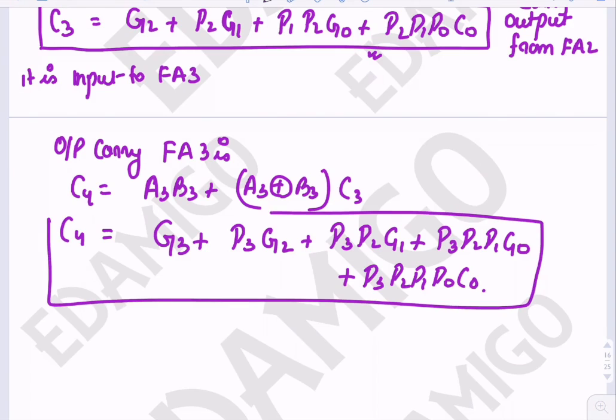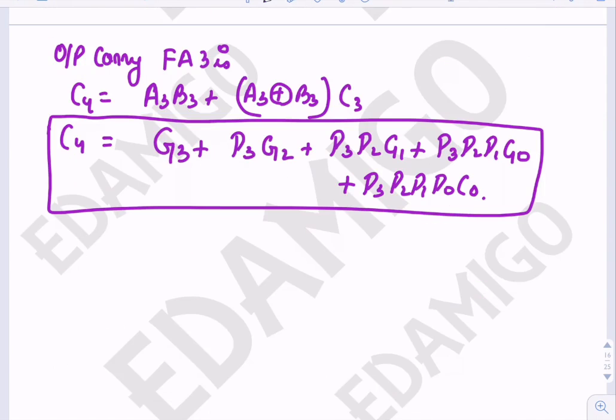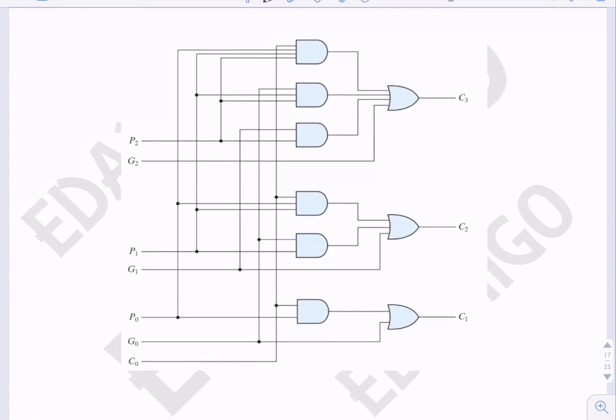This is very important because the result that I'm just going to tell you is very important. Now let's look at the result. I have shown only 3 carries here, C1, C2 and C3. Now we know that G0 is A0 into B0, P0 is A0 XOR B0, G1 is A1 into B1, P1 is A1 XOR B1, G2 is A2 into B2, and P2 is A2 XOR B2.